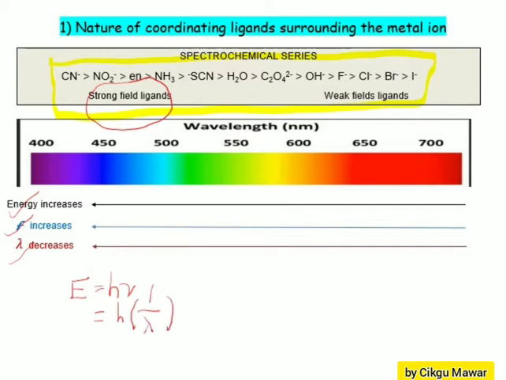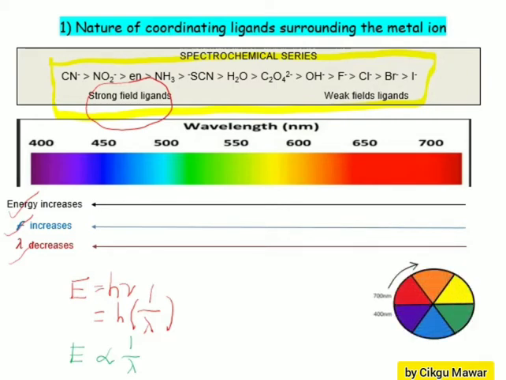So we can see that the energy is inversely proportional to the wavelength. The higher the energy difference, the smaller the wavelength.